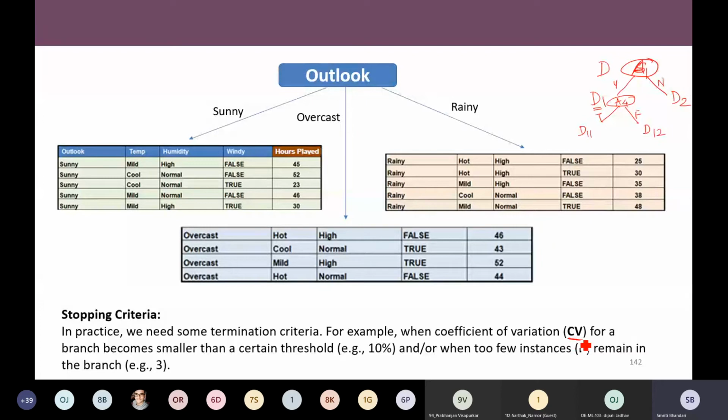If this CV becomes smaller than some threshold, say 10%, that is one condition. Another condition is when too few instances remain in the subset for that branch. If the number of examples in the subset is too few, say less than 3, there is no point in expanding the branch further, and this would be another stopping criteria.